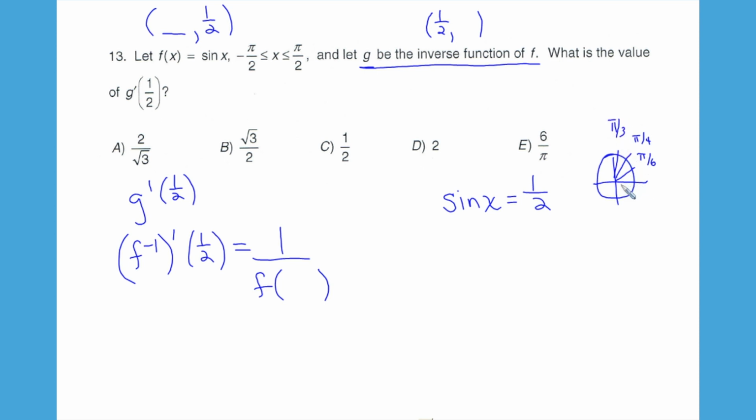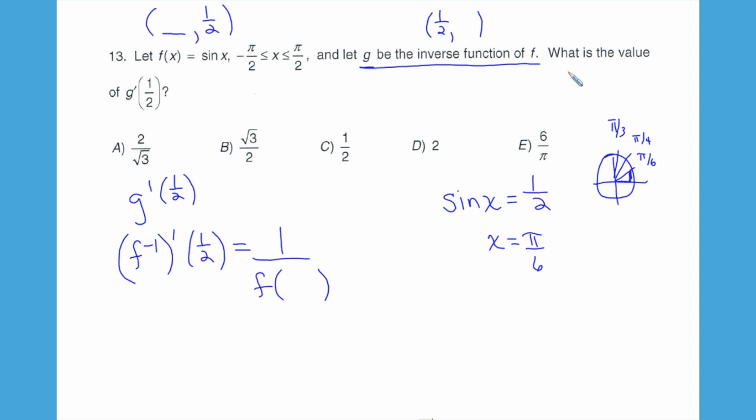And of these three, which one do you go up the least amount? Because this one goes out a long time and up a little bit, right? And this one goes out a little bit and up a lot. So it's the one that goes up just a little bit, so it's pi/6. You might just have those memorized, but if not, that's kind of how I remember it.